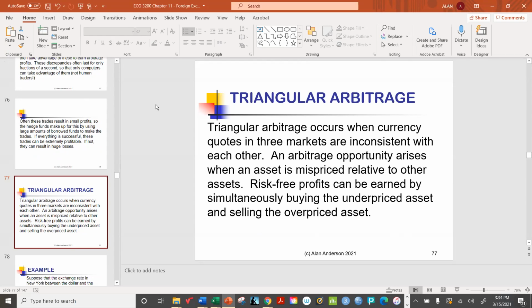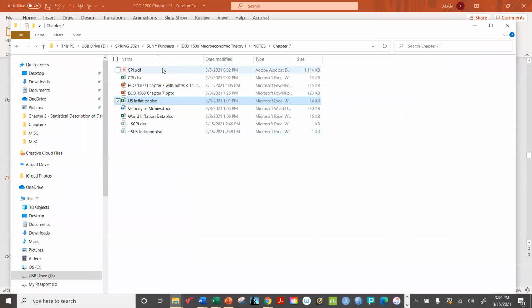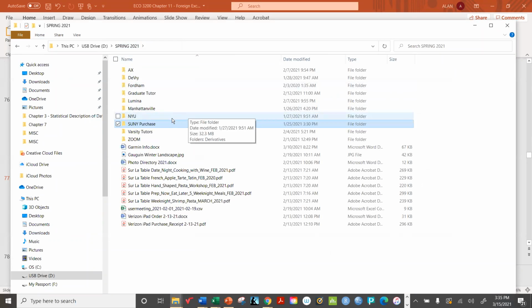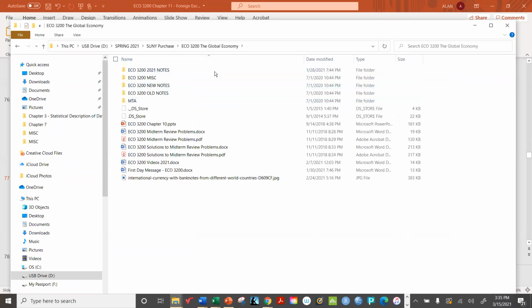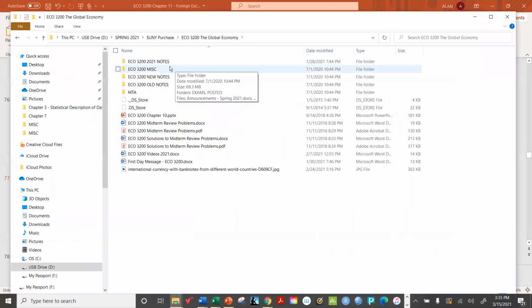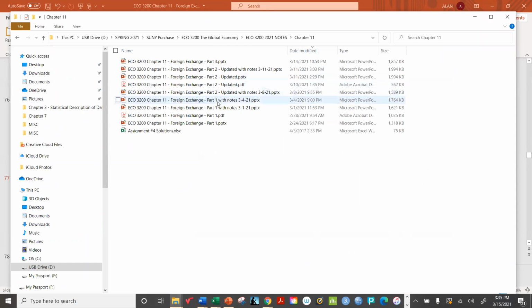Now, this arbitrage specifically involves what we call cross exchange rates. You might recall from way back in the beginning of this chapter. Let me go get it for you. It's been a very long chapter, but I just want to quickly remind you what this is all about. Okay, cross exchange rates.